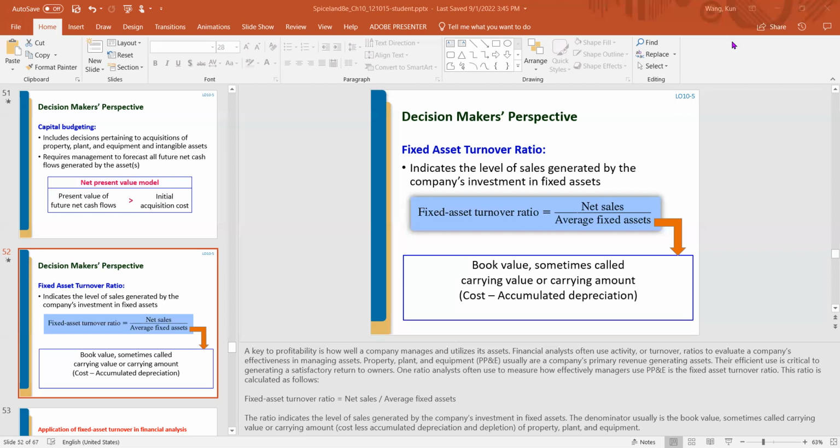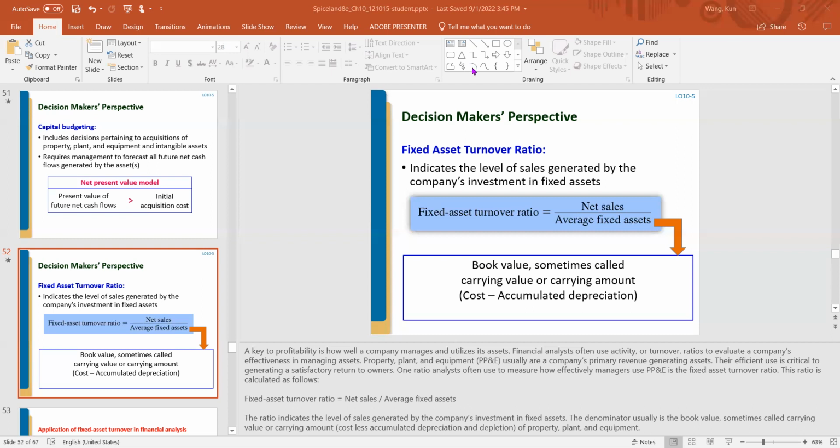But more complicated is the denominator, the bottom number. So we look at the average fixed assets. And this fixed asset is not the cost, it is the book value of the fixed assets.